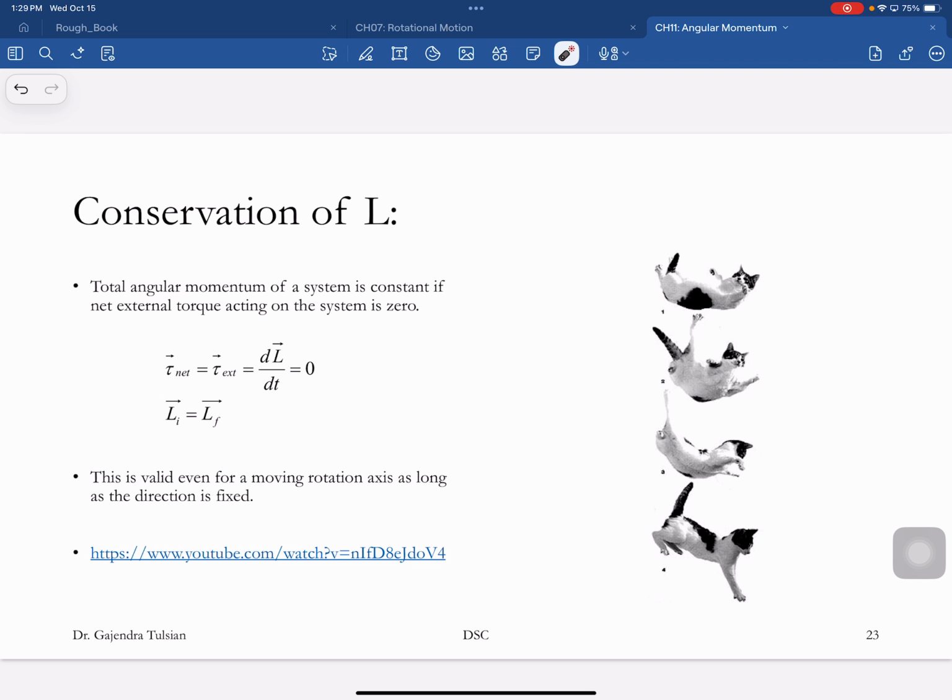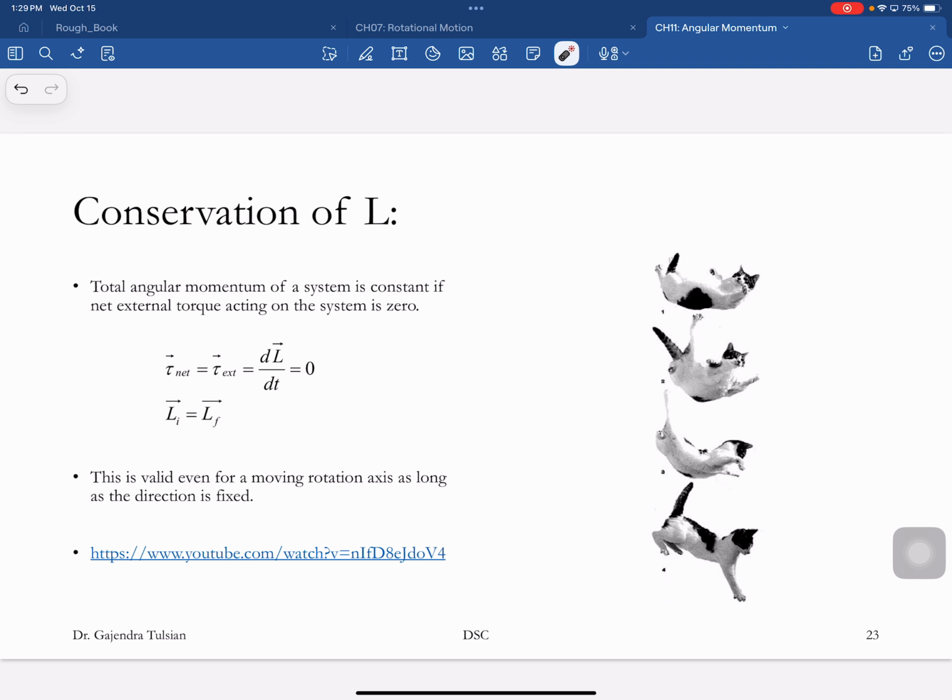So you can grab, if you have a cat, grab hold of its feet, yeah, and drop it. So the cat is upside down. Okay. When you drop it, its angular momentum is 0. The force of gravity goes through its center of mass. That's the only external force acting on it.